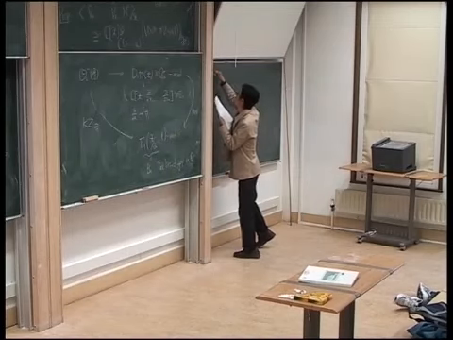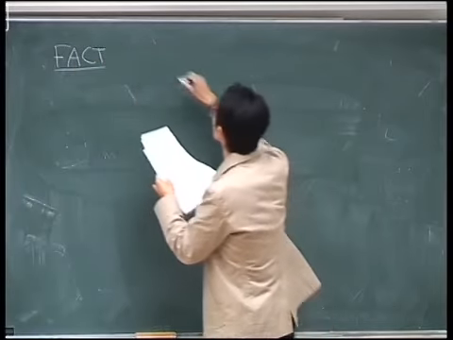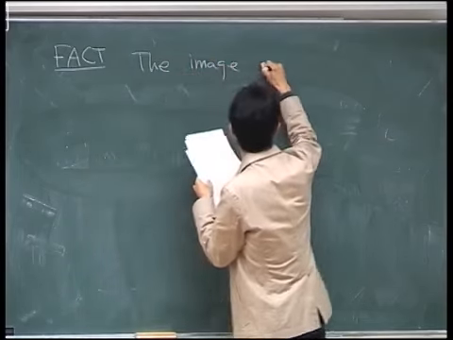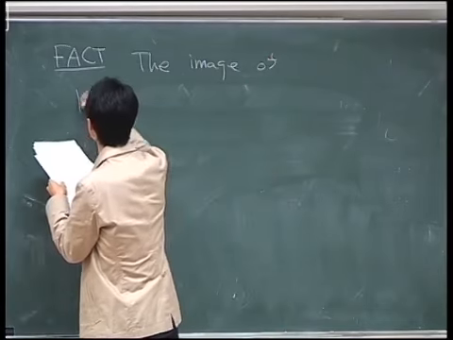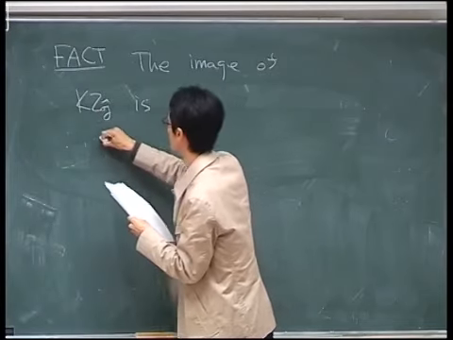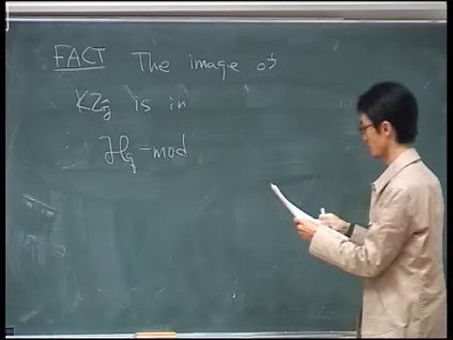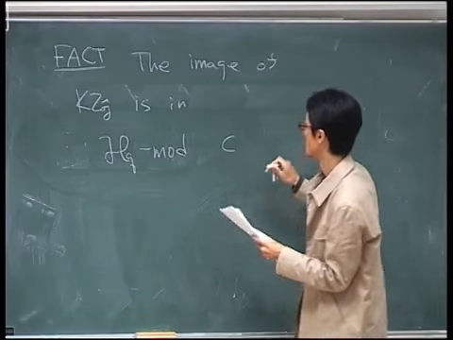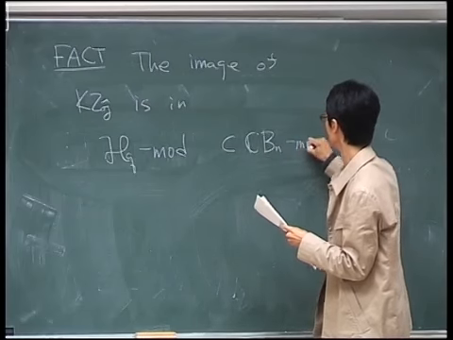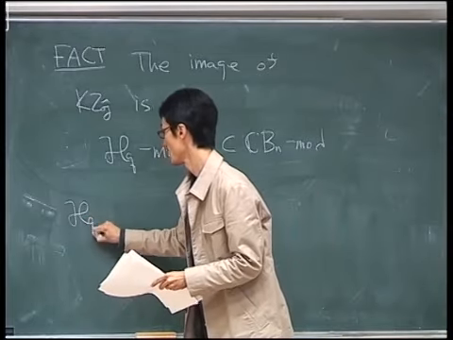So the fact is that the image of KZ is in H_q-mod. This is some subcategory of this module category, and here H_q is the Hecke algebra.